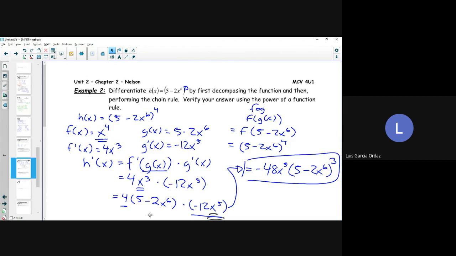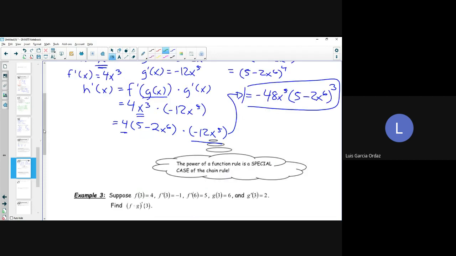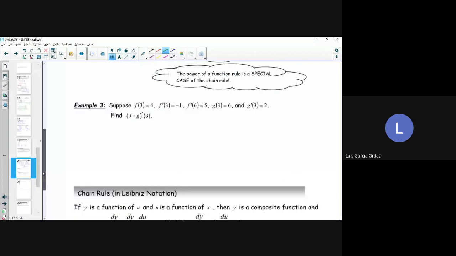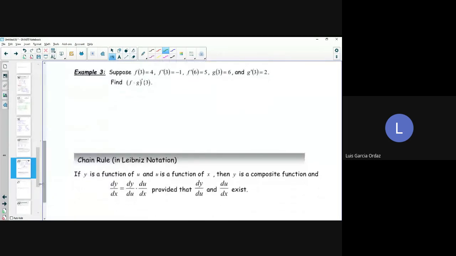Okay, I know composite functions can be a tad confusing, so we'll do one that actually has values in it. When you see it with numbers actually inputted, it becomes easier to understand. As you can see, in number 3 we don't have a function, but we have a composite function.